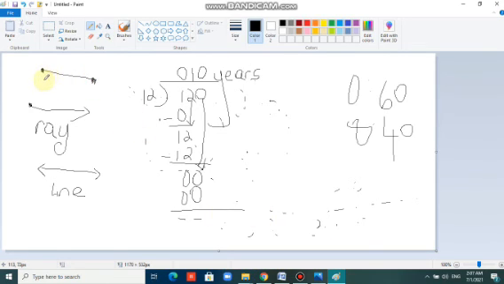So it's a line segment. Beautiful line segment. Two endpoints. Alright, good. So this is a line segment.